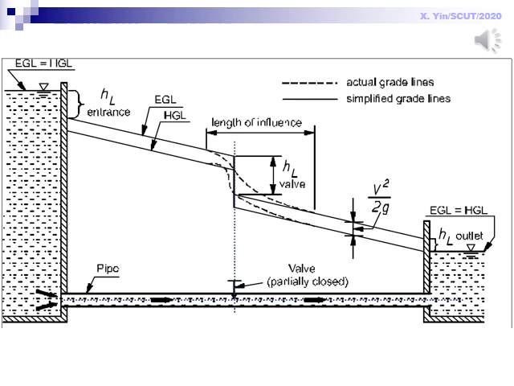After the valve, the flow becomes uniform again, so EGL turns to a slope line correspondingly. Then, at the outlet of the pipe, the streamlines will diverge strongly, so another local head loss, HL outlet, comes out.